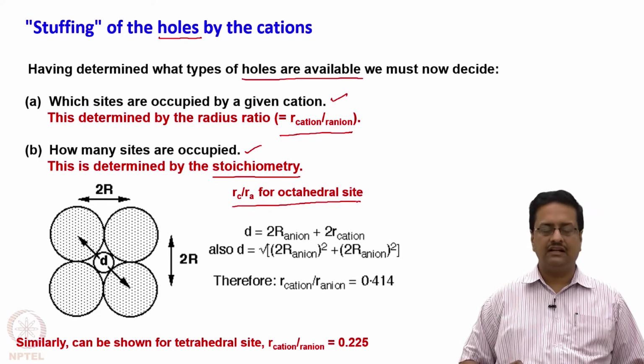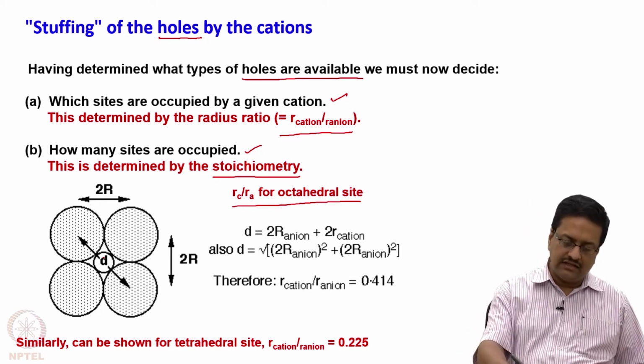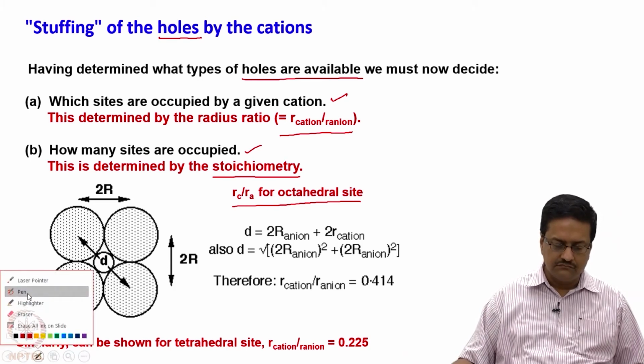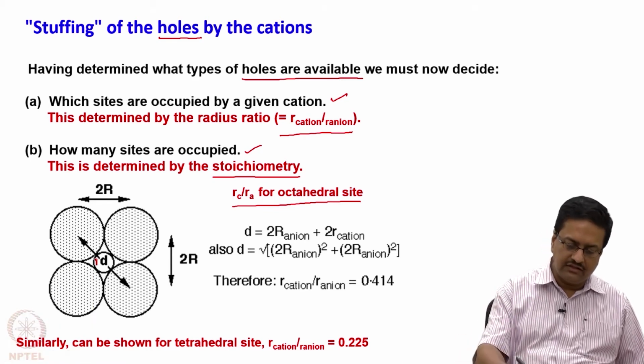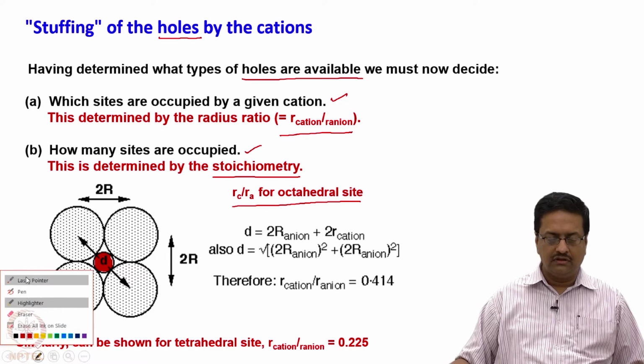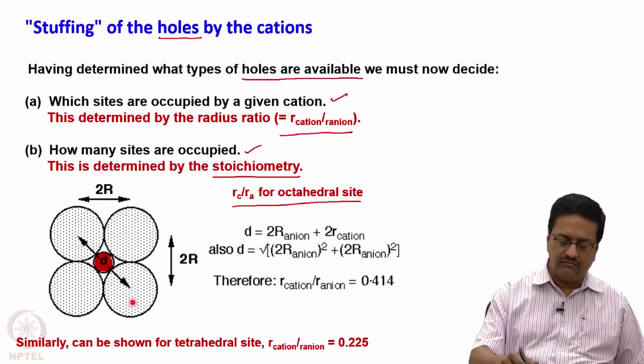In the case of the octahedral site, the central atom, which is marked here in red, is connected to 4 atoms on this plane.